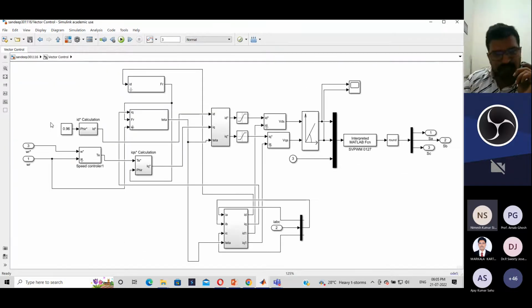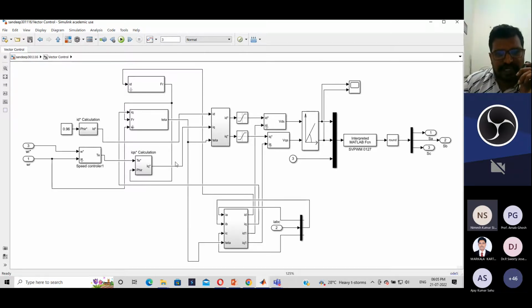If you enter into the vector control block diagram, here you see the reference speed and generated speed are compared in the speed control, which will produce the torque. This torque and reference values give the IQ current. Similarly, from the flux concept we discussed in the block diagram, it will give the ID current.